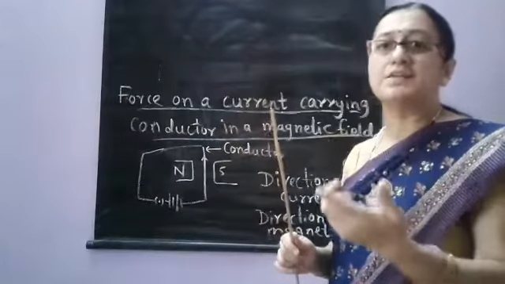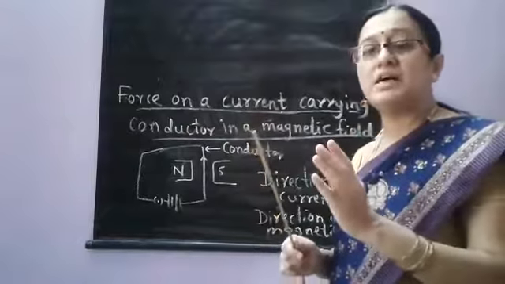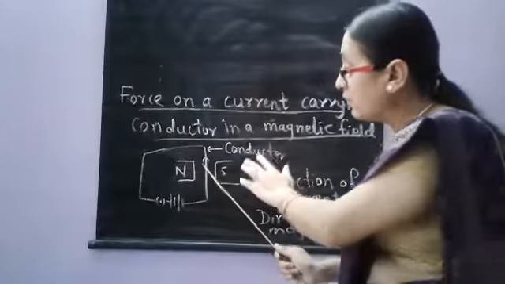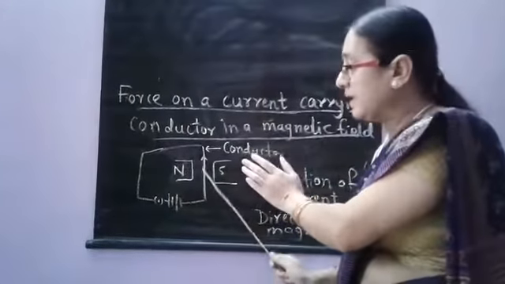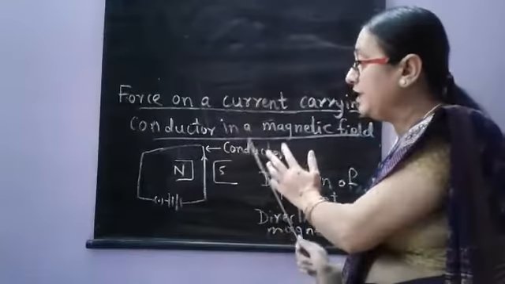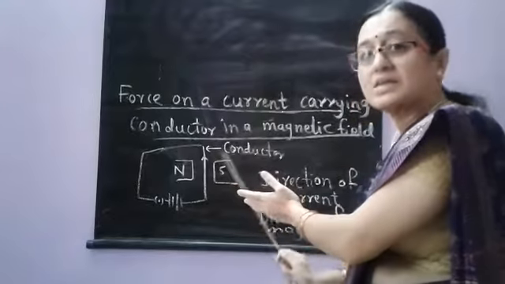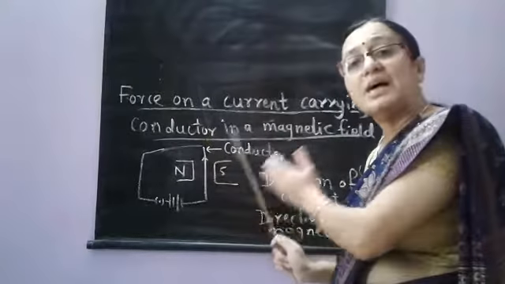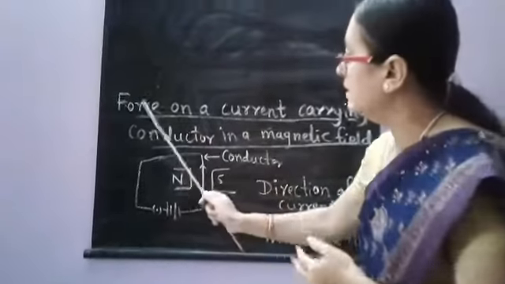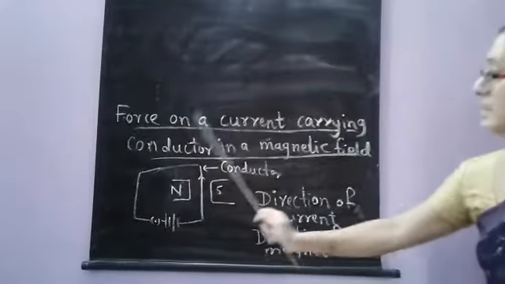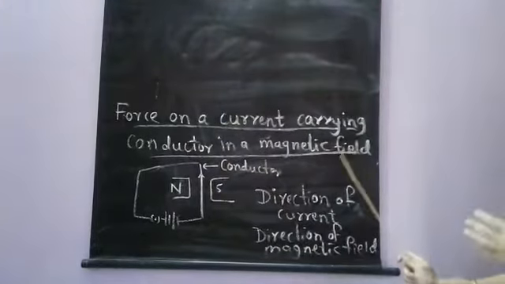It is called inertia. So due to inertia of the object, when force is applied by the magnetic field and the current passing through it, the conductor starts rotating or moving. That is known as force on a current carrying conductor in a magnetic field.